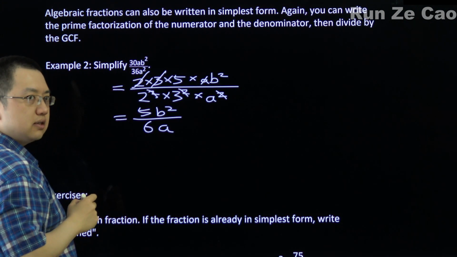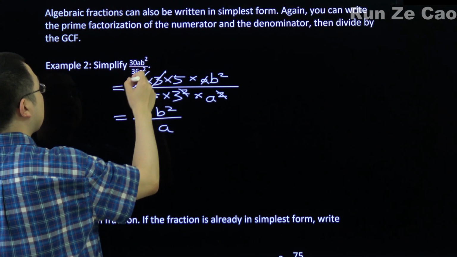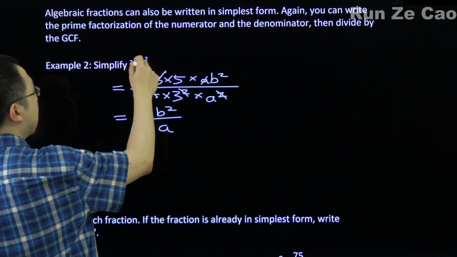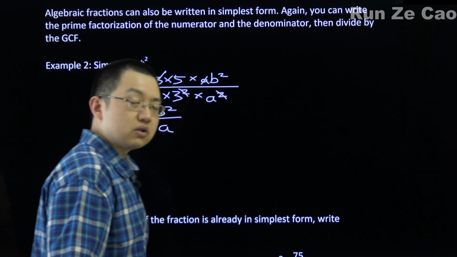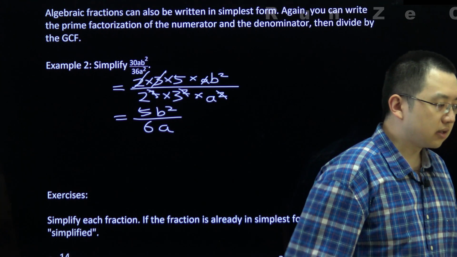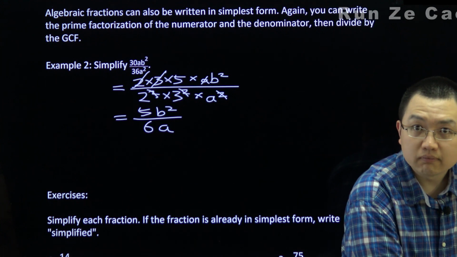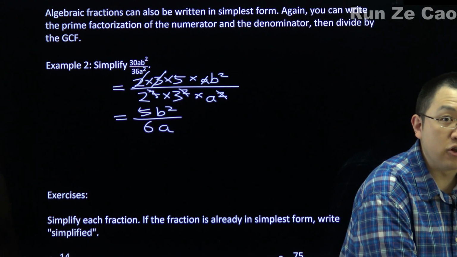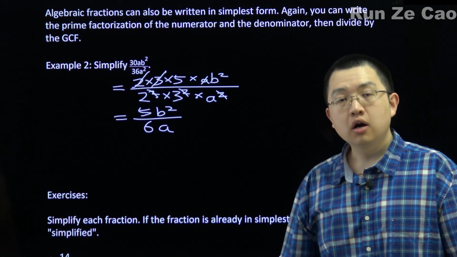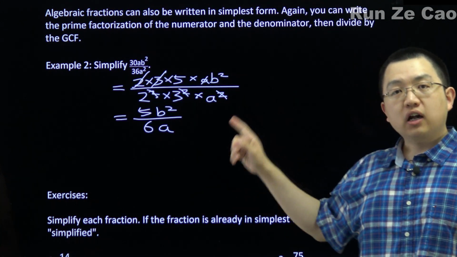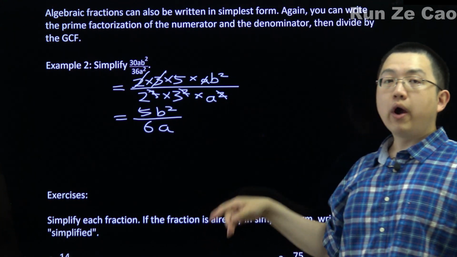Given this question's relatively small numbers, you could easily have just crossed out and canceled a 6 right away, and then canceled an a as well. And then just one line equals, instead of writing the prime factorization. However, the difference is that no matter how big your numbers are, prime factorization and then canceling always works.